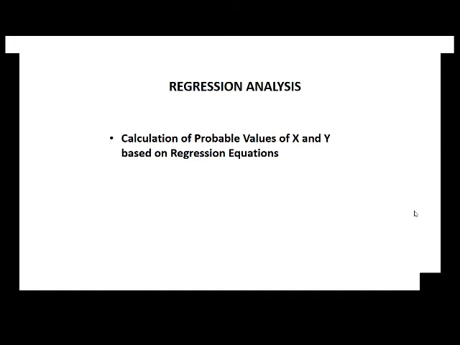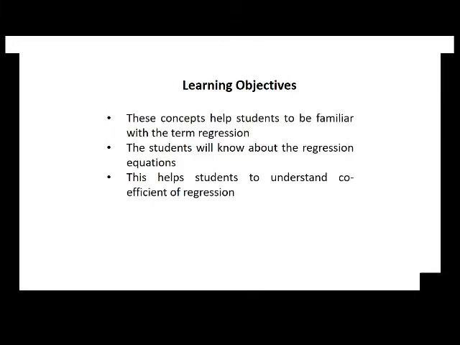So, regression analysis: calculation of probable values of x and y, that means x on y equations and y on x equations. The learning objective of this session: these concepts help students to be familiar with the term regression. The students will know about regression equations and understand regression coefficients.